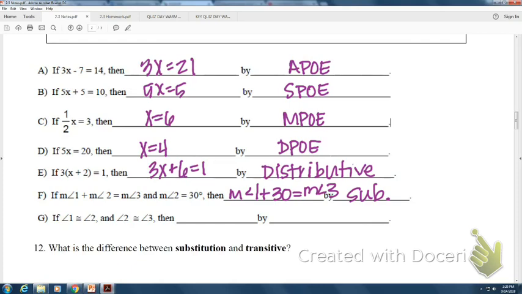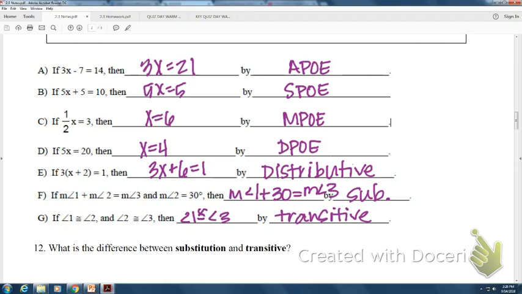Does everybody understand that one? Yes, ma'am. Awesome. G: if angle 1 is congruent to angle 2 and angle 2 is congruent to angle 3, then? Very good. By? Awesome.